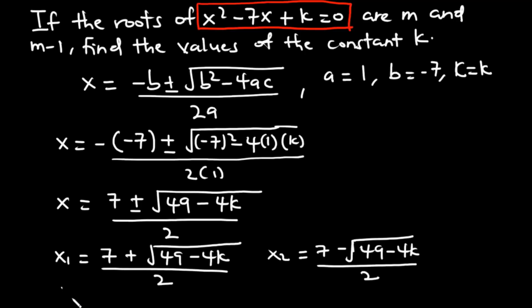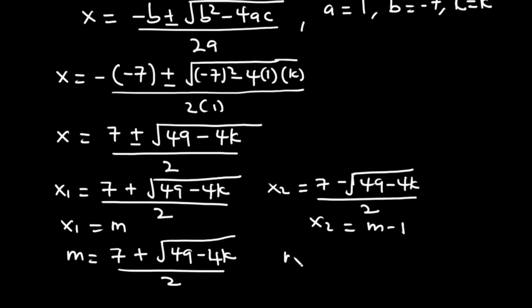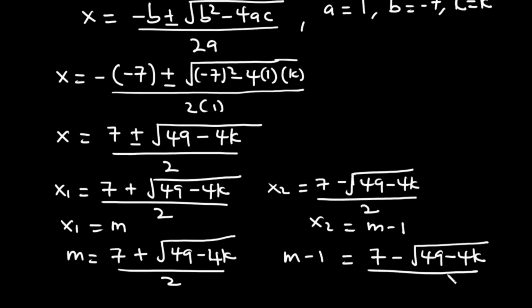So let's say x1 is equal to m and x2 is equal to m minus 1. So we have m is equal to 7 plus the square root of 49 minus 4k divided by 2, and m minus 1 is equal to 7 minus the square root of 49 minus 4k divided by 2.